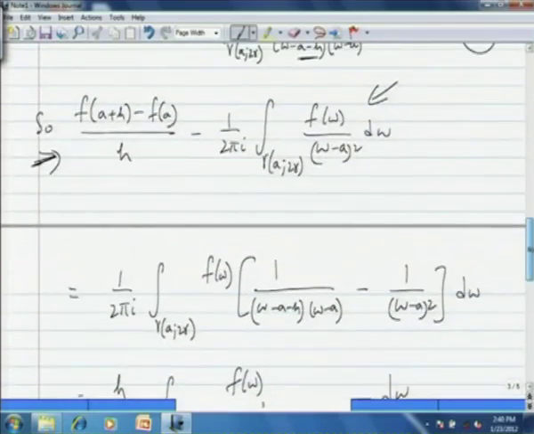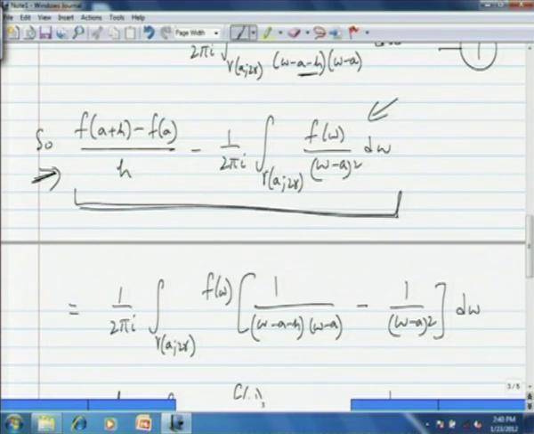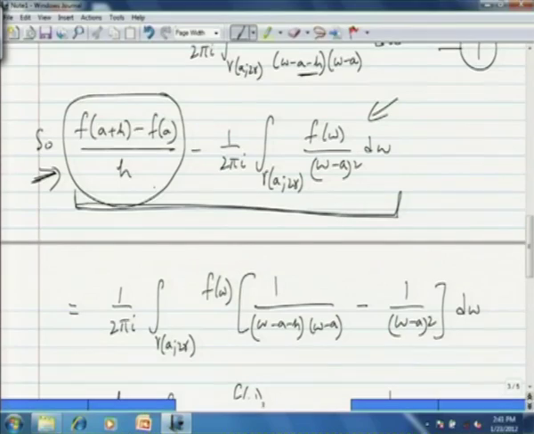After showing that that tends to 0, we would have shown that this difference in the limit tends to 0 as h tends to 0, which means this quotient here is your differentiation of f when h tends to 0. So, we would have shown that f prime is equal to this integral here as h tends to 0.